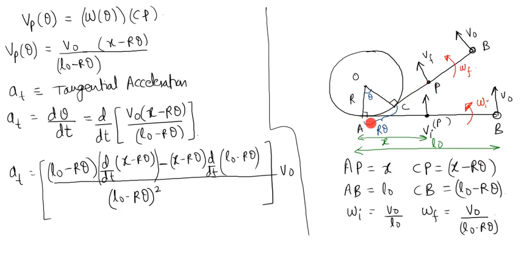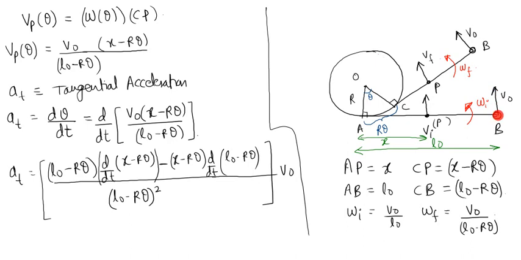Similarly, if AB was equal to L0, CB will be equal to L0 minus r theta. Why? Because this amount r theta, which was part of the unwrapped free string, is now attached to the cylinder. Now the velocity of the particle will not change. Why is the velocity of this particle not changing?